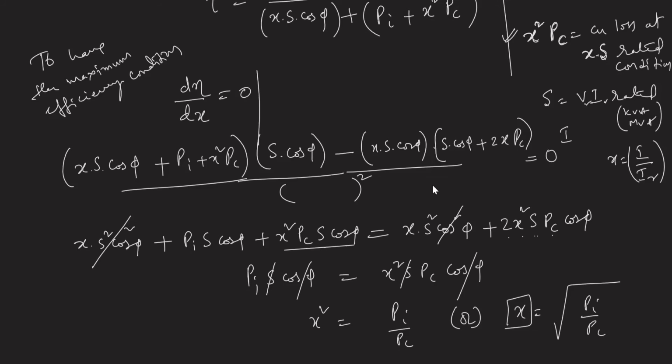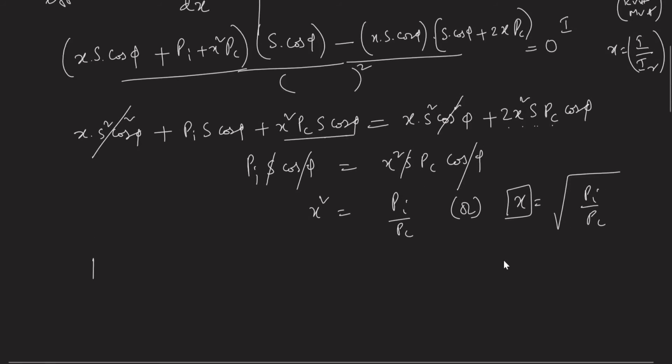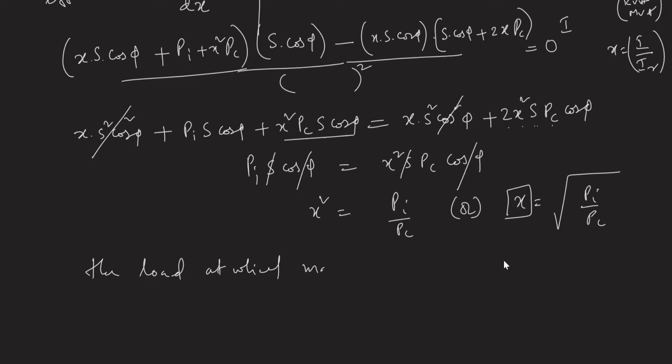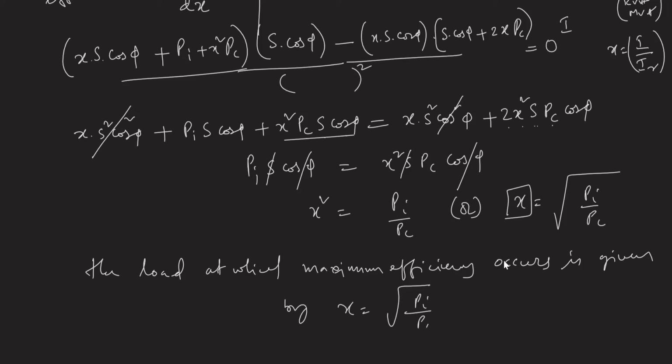So the load at which maximum efficiency occurs is given by X equals root over Pi by Pc. So what are Pi and Pc? Pi is core losses and Pc is full load copper losses.